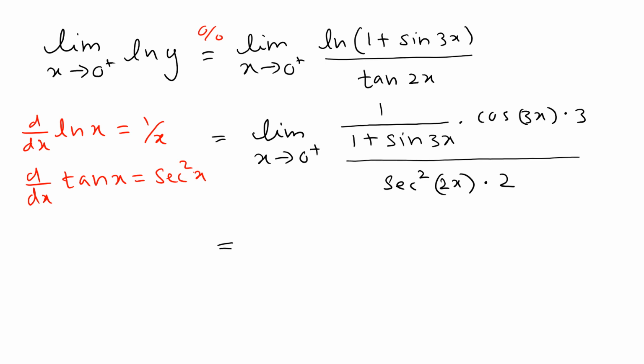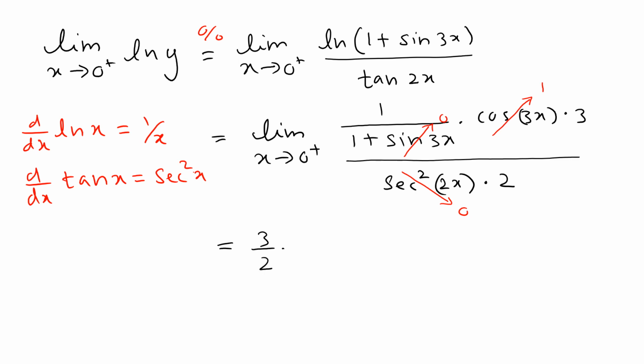Now you can pull 3 over 2 out of the limit, and once you do that, you can see that all the other terms go to something as x goes to 0. This term goes to 0, this term goes to 1, and this also goes to 1 because secant is 1 over cosine.